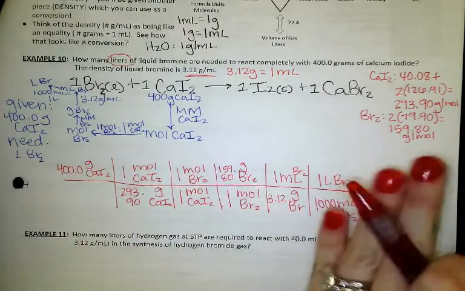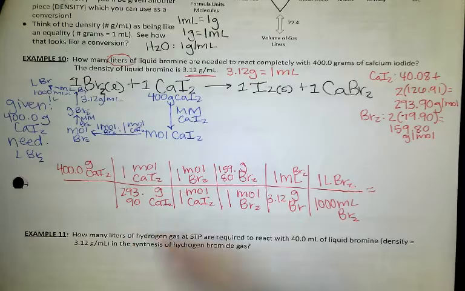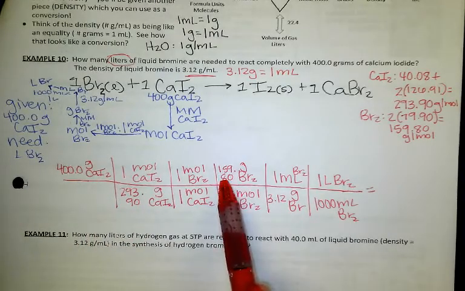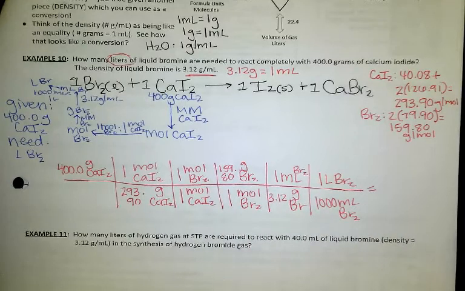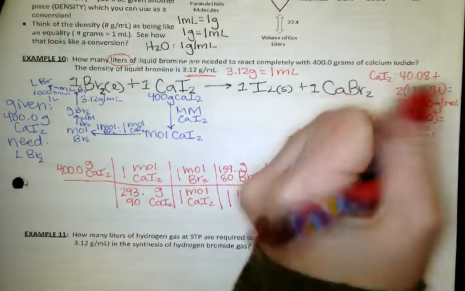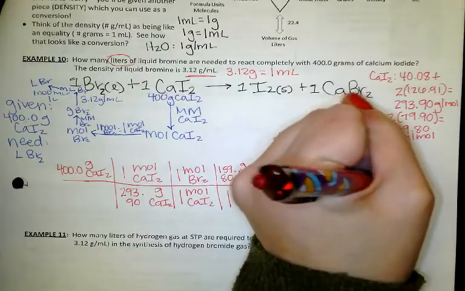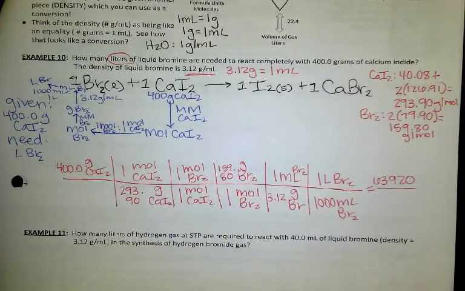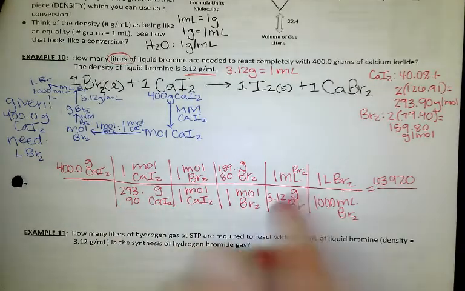So multiply the top, 400 times 159.80. That's going to give me 63,920 on top. Then you're going to have 293.90 times 3.12 times 1,000.